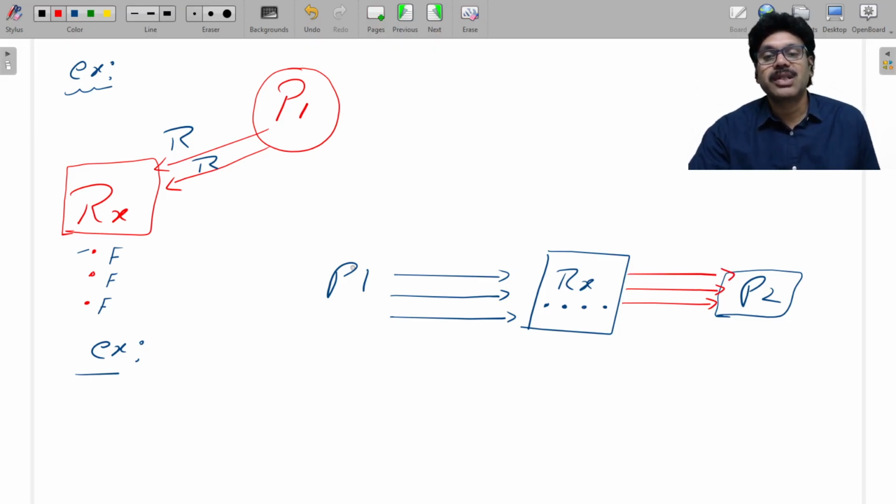So in this case, what is the meaning of this terminology? P1 is requesting for three resources, but three are already allocated to P2. Now you decide whether P1 will get a chance to execute or P1 will be under waiting. You comment your answer in the comments.